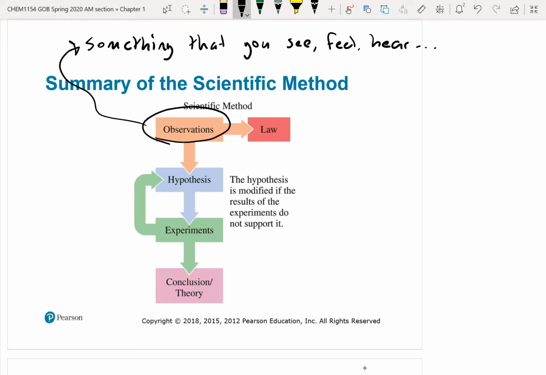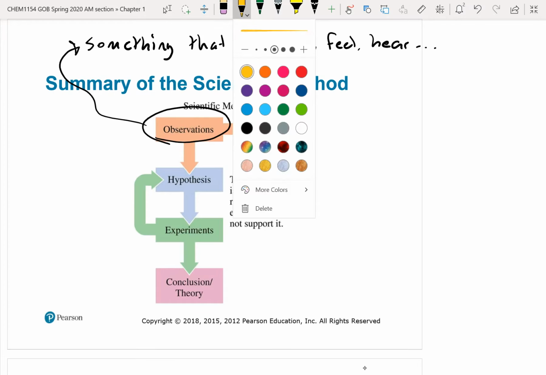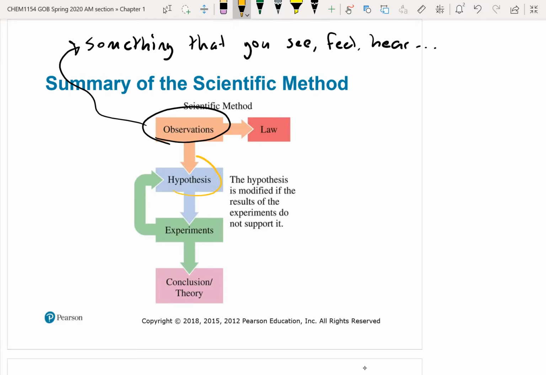Based on those observations, then, we can come up with a hypothesis to try to explain or to understand what it is that we are observing. Right? And the term hypothesis may seem also like a fancy word, but really what it is, it's an educated guess, or a tentative explanation for those observations that you make.